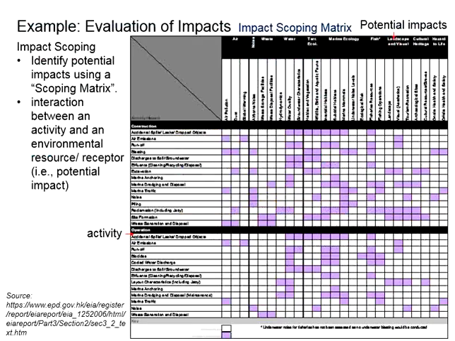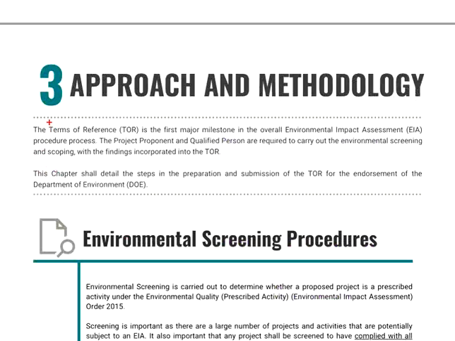Another thing you need to know regarding evaluating the impacts is that there are various stages of the EIA studies. The terms of reference is the first major milestone in the overall environmental impact assessment process. The purpose of the terms of reference is to establish the scope, focus, and methods for the EIA studies.